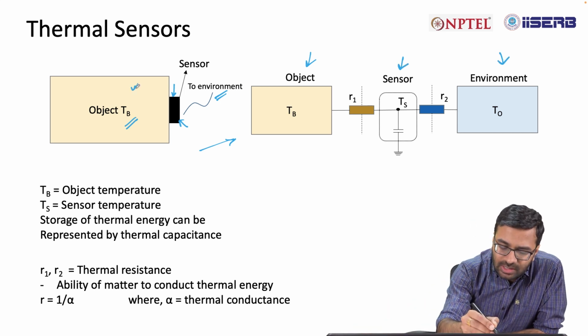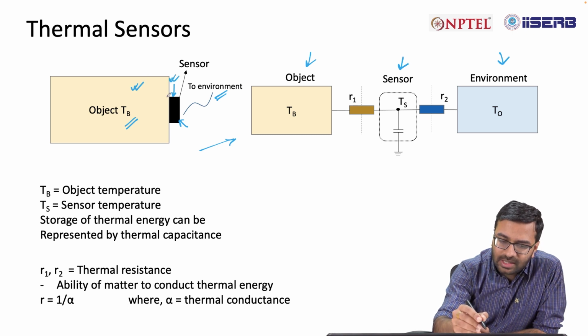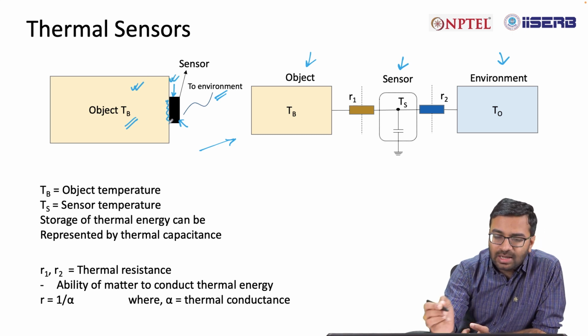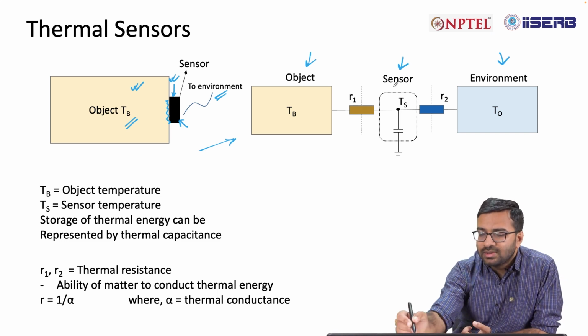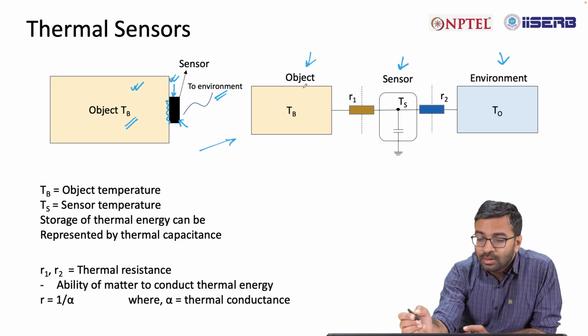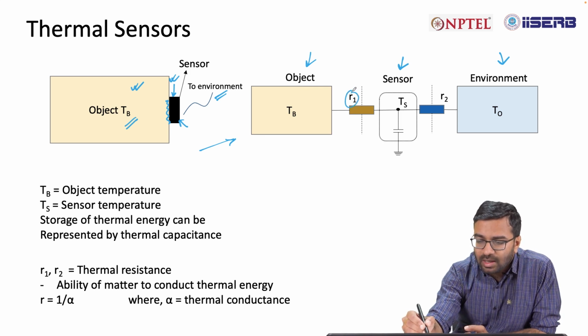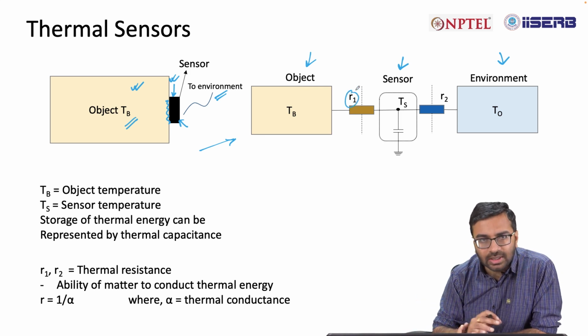Between the object and the sensor there is an interface, and there will be some thermal resistance between the sensor and the object. That thermal resistance is given by R1, which is equivalent to an electrical resistance.